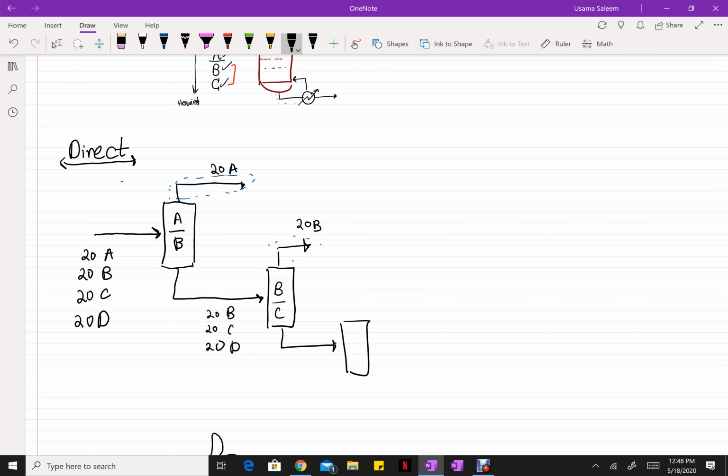Alright, and so on. Yeah, 3 distillation columns, 4 species does it.